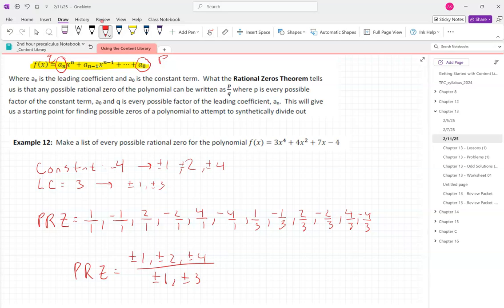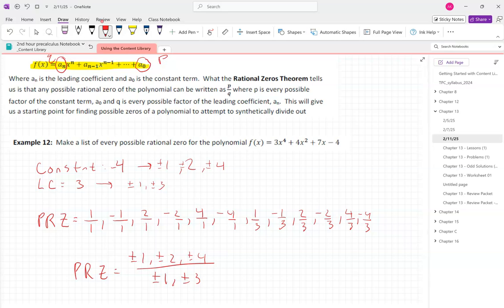So this is good, right? I've gone down from infinitely many things that I might have to check to find a factor, down to, what is that? That's 12, right? You guys see that? Now that's a heck of an improvement.